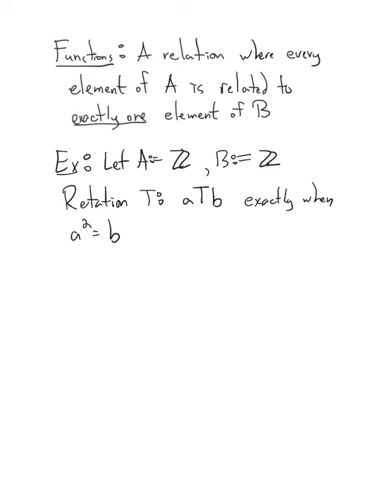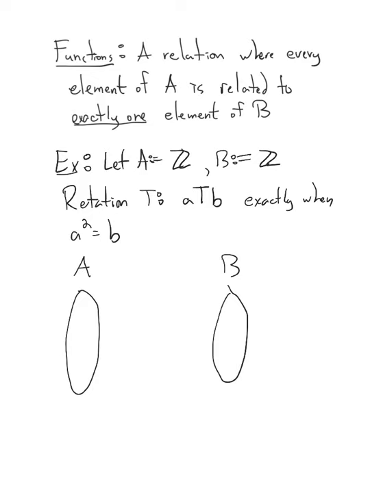All right, let's see how this looks. So here's our A, here's our B. Again, there's infinitely many elements in A and B, so I can't draw them all, but I can pick a couple and see what arrows go where.